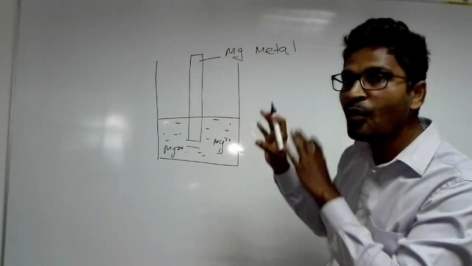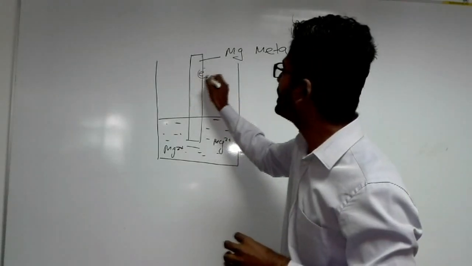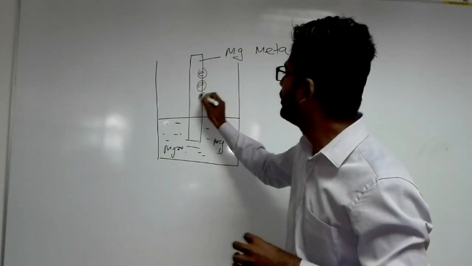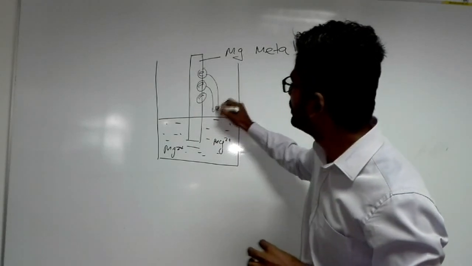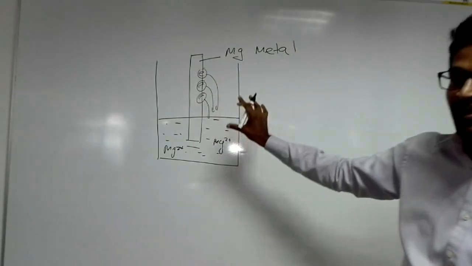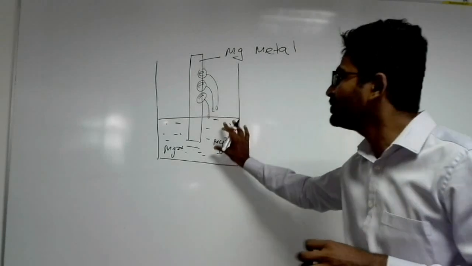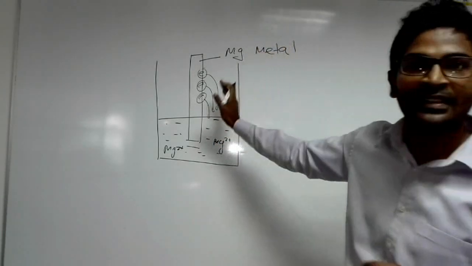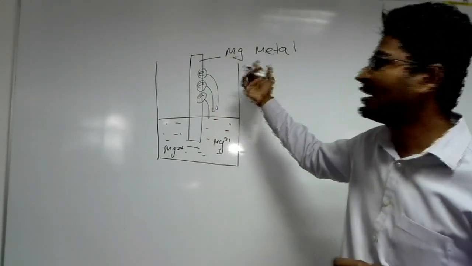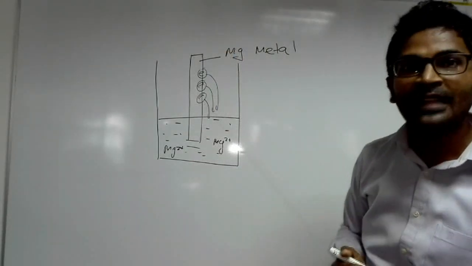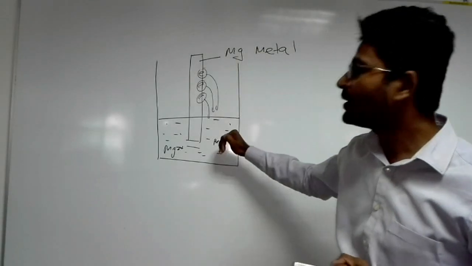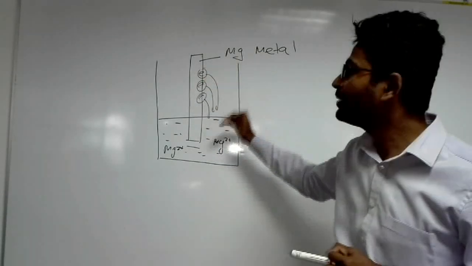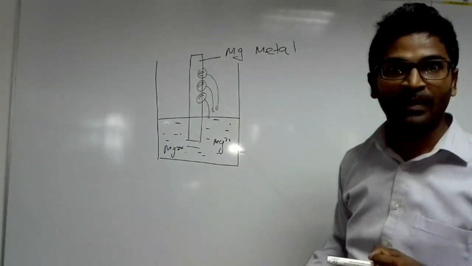That means it removes electrons from this metal, and the ions go into the solution side. This phenomenon we call magnesium removing electrons and converting into magnesium 2 plus ion. This magnesium goes into the solution as magnesium 2 plus ion. This phenomenon we call oxidation of magnesium.